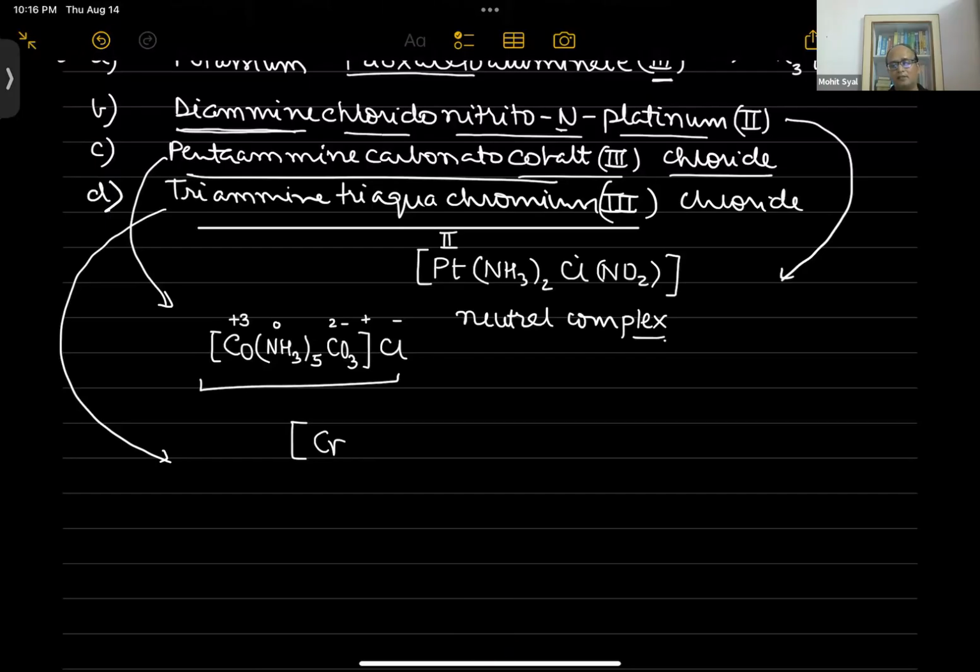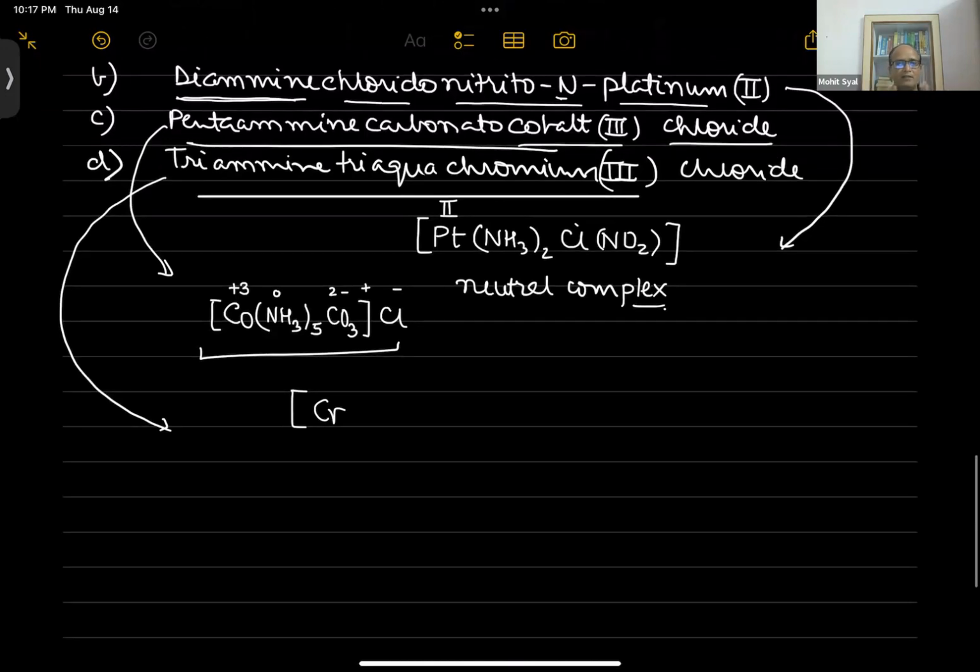Yes, sir. You need to know the charges internally, because otherwise you will not be able to figure out the total charge of the square bracket, the total charge of the metal or cation. That you will not be able to figure out.